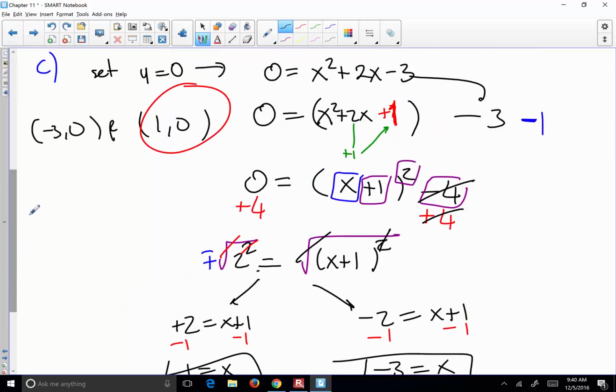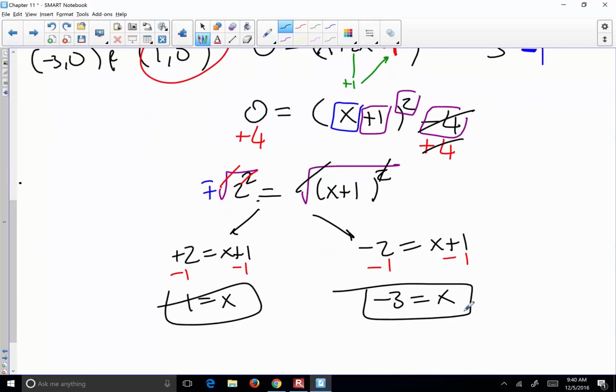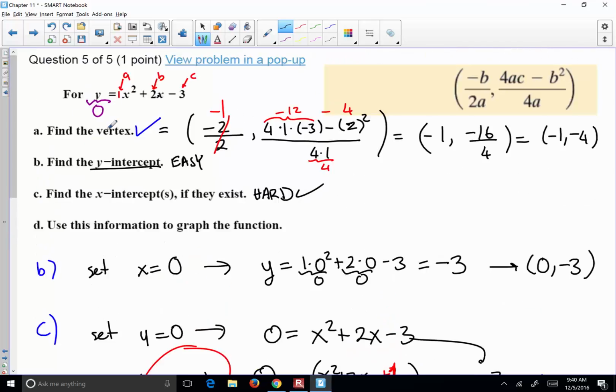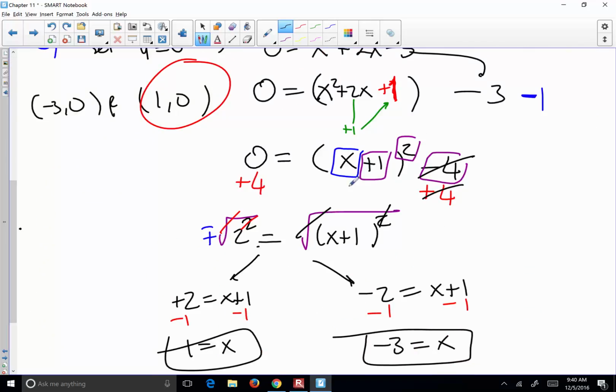We didn't know this side of this benefit of vertex form. You just found it now. You can get x-intercepts, the hard question, hard part, without much effort. Yeah, you can do the quadratic formula, sure, but once you have this in front of you, you're probably done in part A. To find the vertex, you probably got this already.